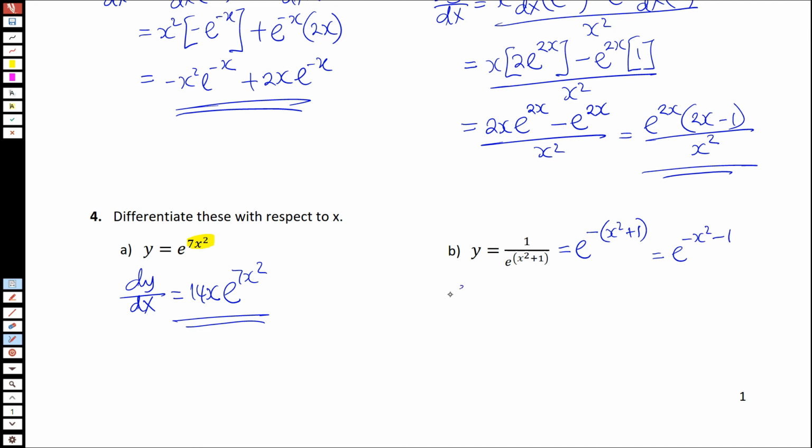So dy over dx will be the derivative of the inside, and the inside part here happens to be the power. So find the derivative of the highlighted part first, which will be negative 2x, and then multiply by e to power u, so e to power negative x squared minus 1, and that's it. So that's basically how we differentiate that function.